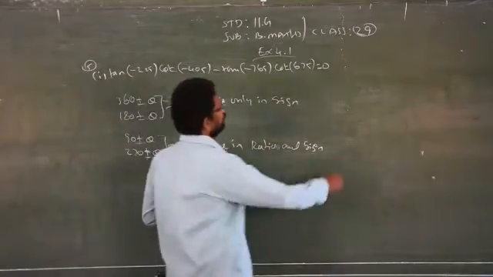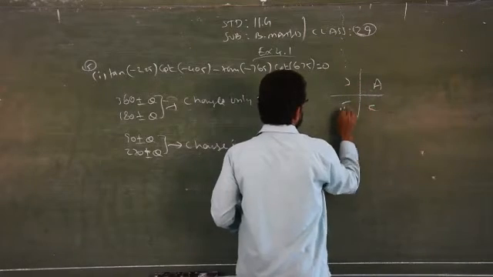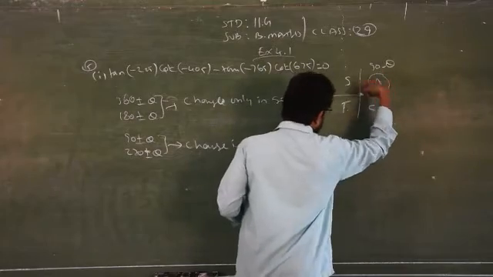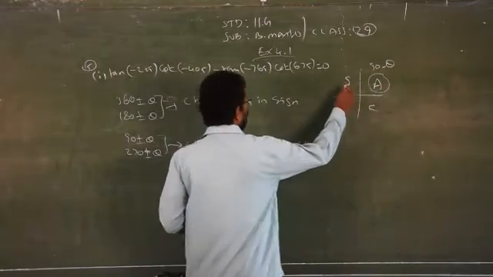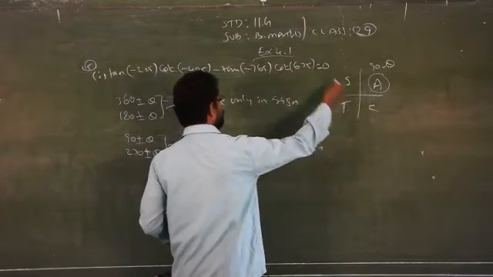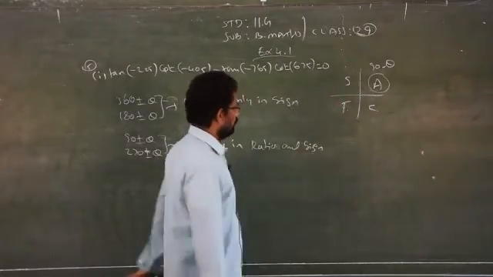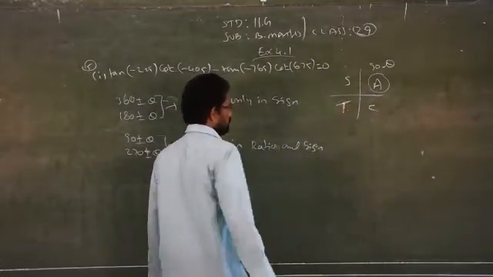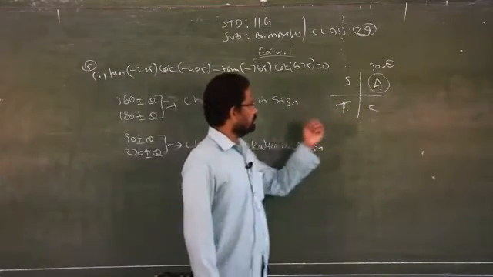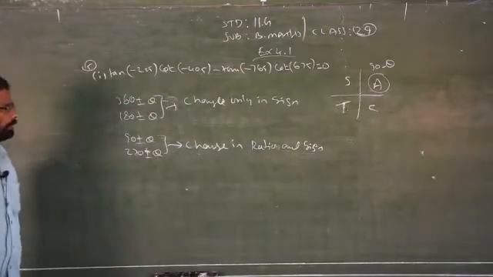Depends upon the quadrant, that is A, S, T, C. A is the 90 minus theta format, where all the ratios will be positive, and here S stands for sin theta, sin alone positive, remaining ratios are negative, that is sin and its reciprocal cosecant. Here tan and its reciprocal cot alone positive, remaining ratios are negative, whereas in the fourth quadrant, cos and secant alone positive, remaining ratios are negative.